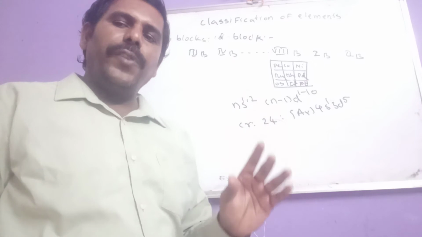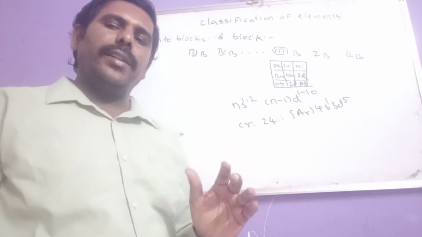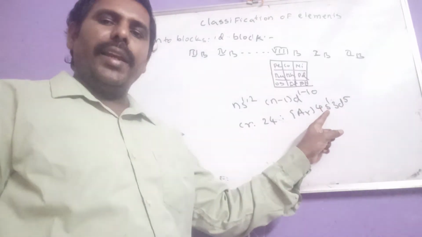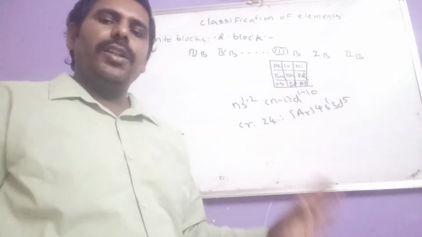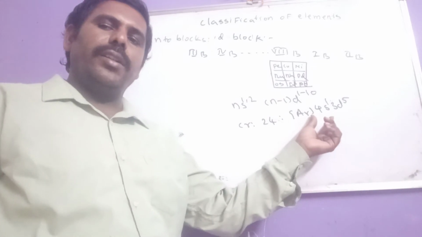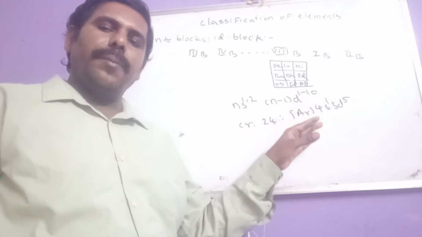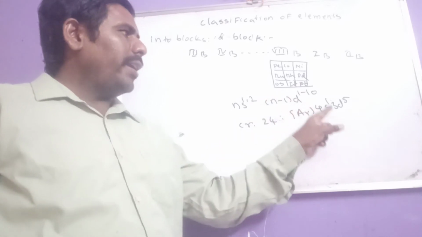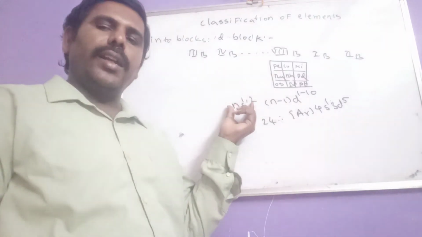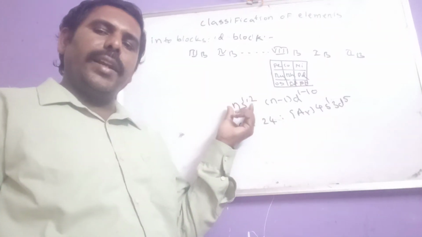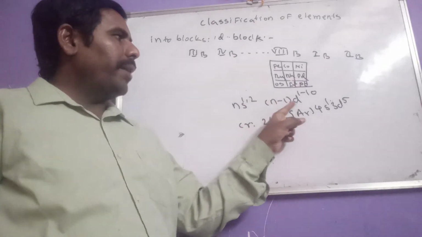But a half-filled d subshell has more stability. Due to that, the 4s electron shifts into the 3d subshell, so the configuration converts into 4s1 3d5. Like this, in some cases ns2 becomes ns1. So we write the general electronic configuration as ns1,2 (n-1)d1 to 10.